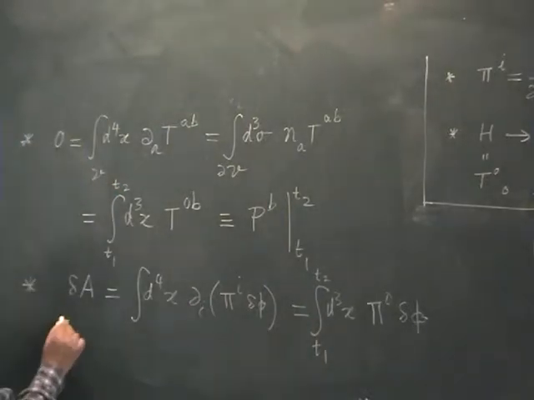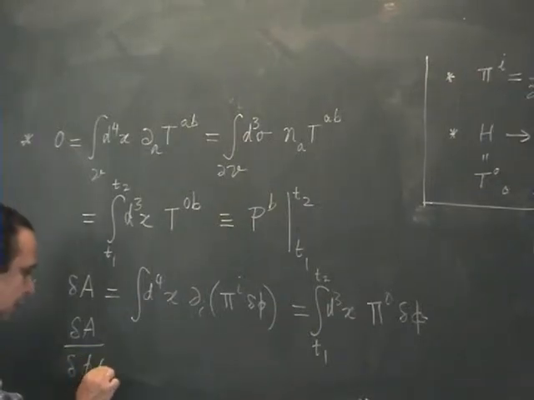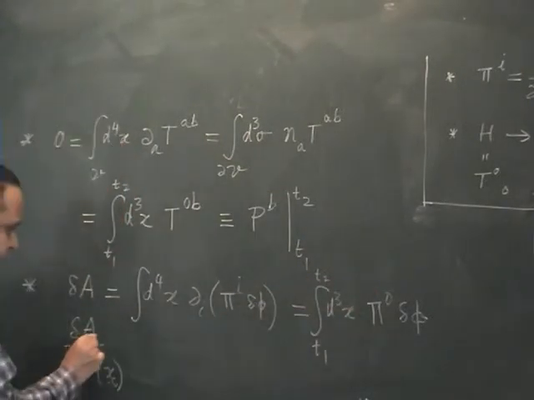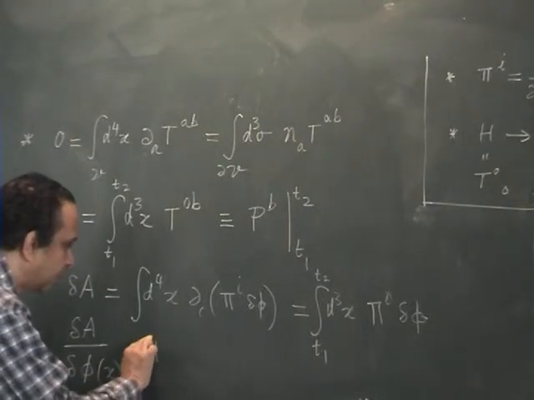Therefore, the functional derivative of A with respect to phi at some spatial coordinate x, because this is all at some t equal to constant surface, gives you this π.